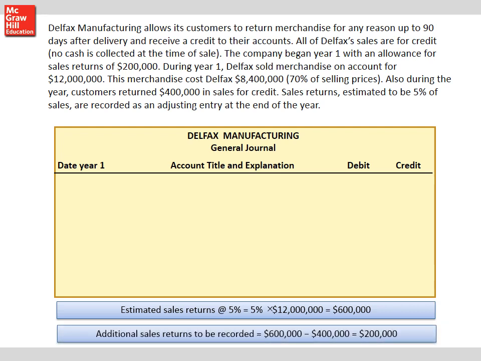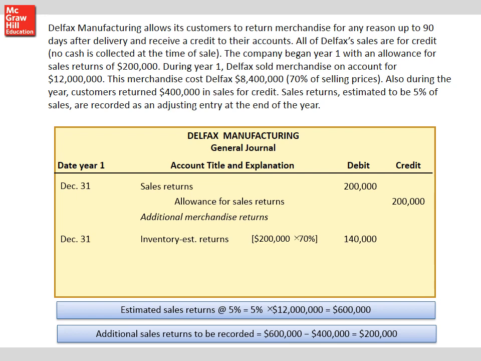Additional sales returns to be recorded will be $200,000. They estimate $600,000 will be returned. $400,000 were recorded as returns. So the additional amount that has yet to be returned will be debited to sales returns and credited to the allowance for sales returns account.